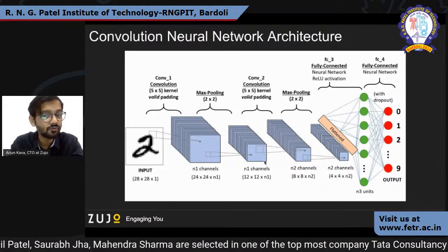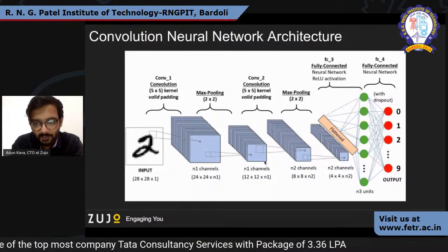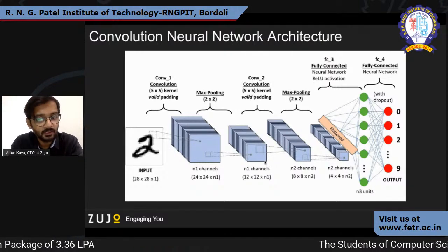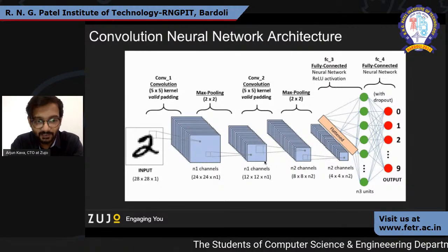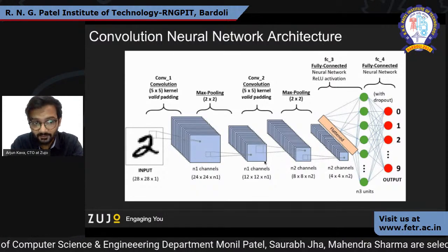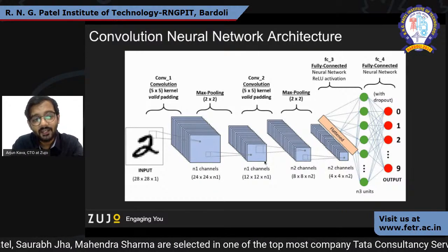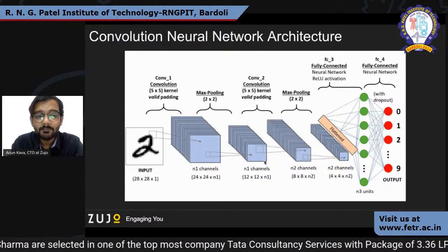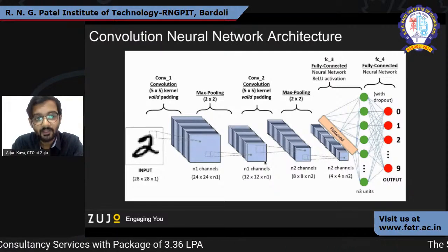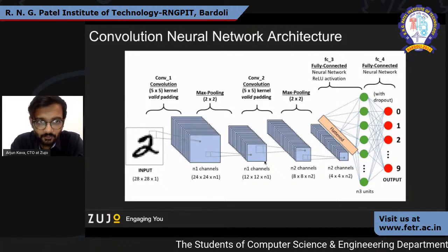Channel means, usually we see images in three channels, which is RGB, so we can see the colors. If you convert your channel into black and white or grayscale, it only contains two major states, either black or white. So that is the third portion in the input, a 28 by 28 image having only black and white pixel data. Such kind of image we had given as the input of our neural network, right?